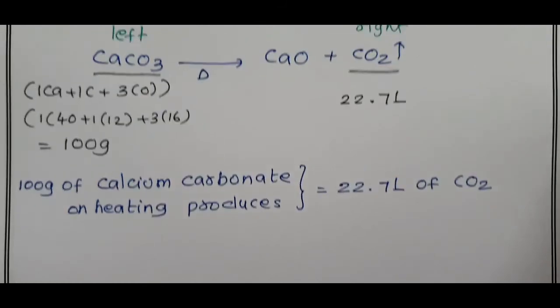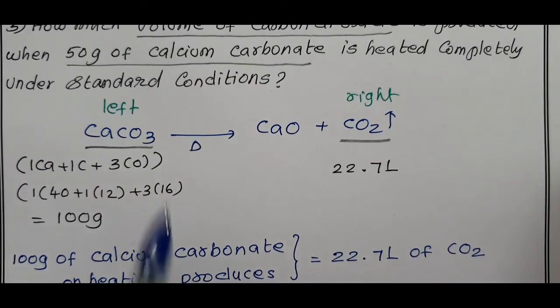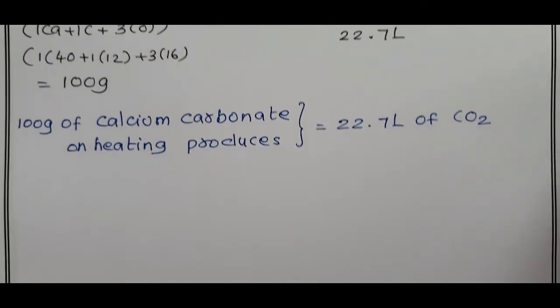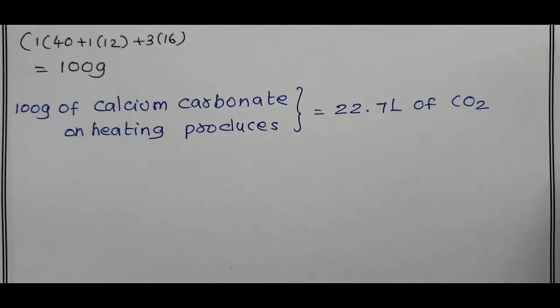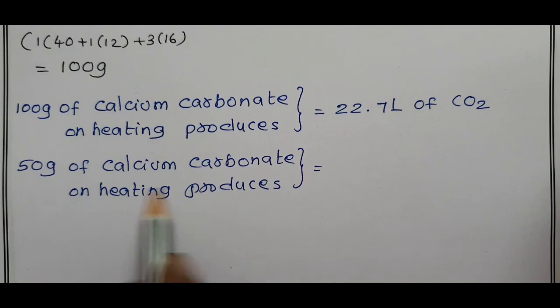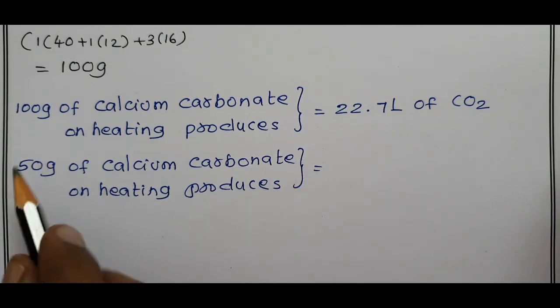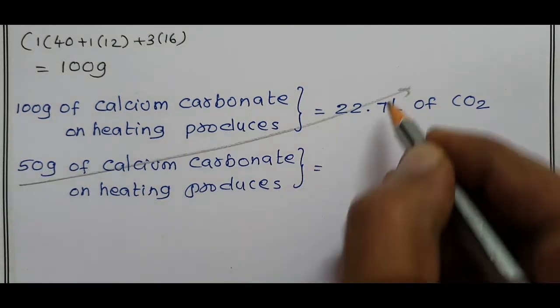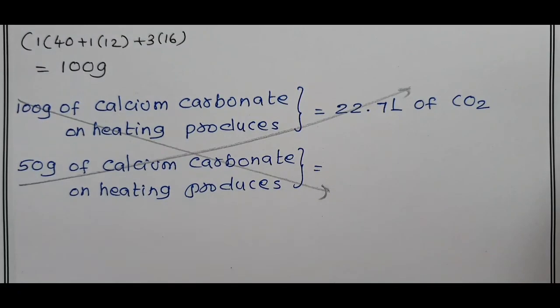Now, what is our question? 50 gram of calcium carbonate on heating produces how many volume of carbon dioxide? Simply cross multiplication, divided by the given value.